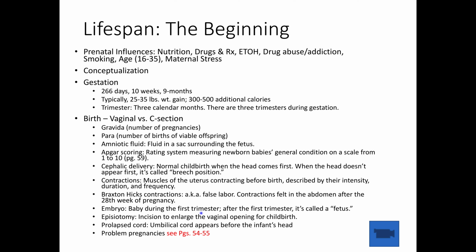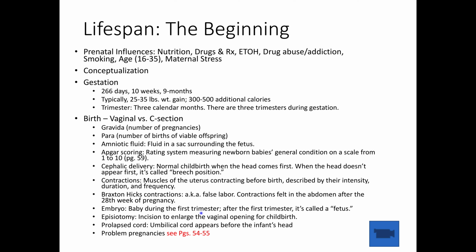Drug abuse, addiction, smoking. We know the optimal time for pregnancy is really physically between the ages of 16 and 35. Yes, people in their late 30s and 40s, and there have even been 50-year-olds, can have children, but we know that past 35 it becomes higher risk for both the mother and the developing fetus.